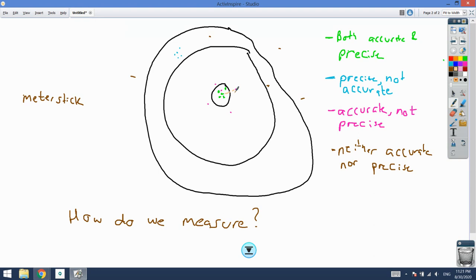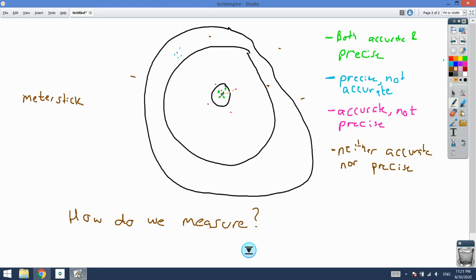Then we can also use it to measure precision. Because if you take a look at it, these green dots, the ones that were precise, were really close to each other. So the distance between the furthest points is going to be pretty small compared to the ones that were non-accurate or precise, or even just the ones that were accurate but not precise.